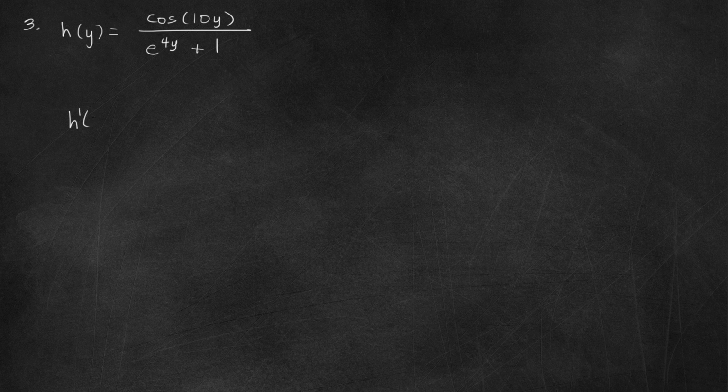H prime of y equals. So for quotient rule, we want to take the derivative of the top. The derivative of cosine stuff is negative sine stuff times derivative of the stuff. So that's just derivative of the top right there, times the bottom. So e to the 4y plus 1 minus the top, cosine of 10y, times the derivative of the bottom.